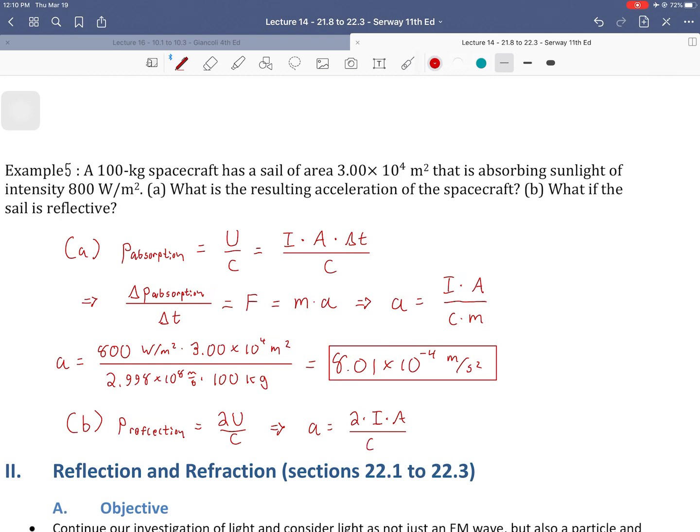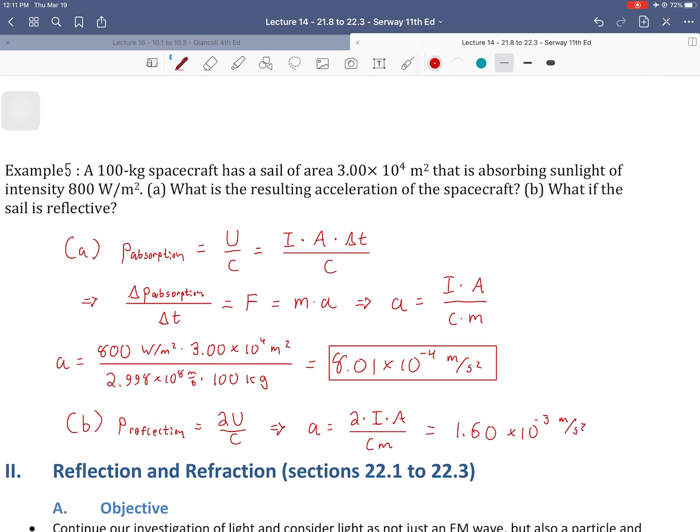And so it will just be twice the acceleration. So in this case, it would be 1.60 times 10 to the negative 3 meters per second squared.